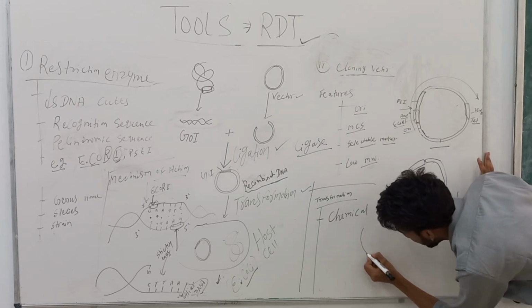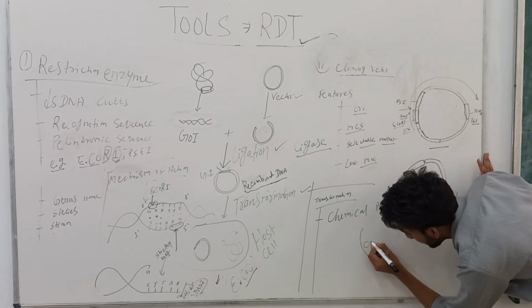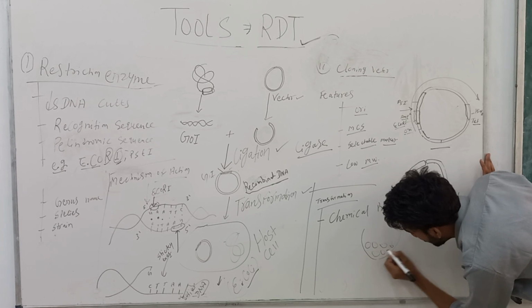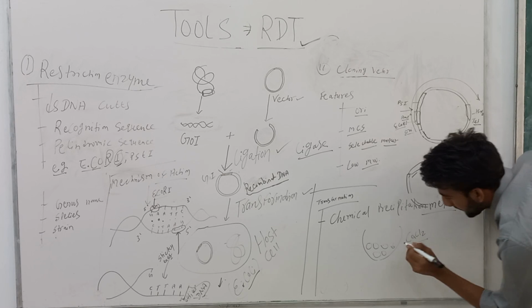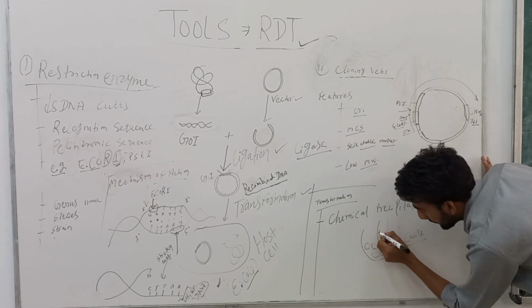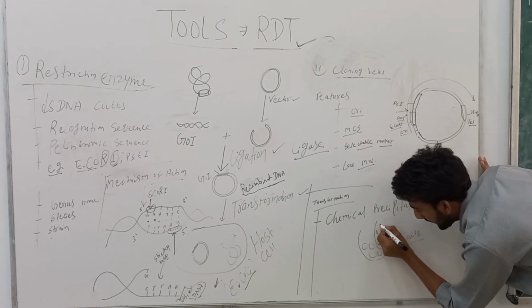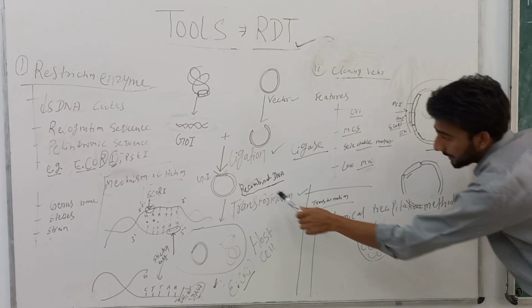In this method, we have an ice chilled salt solution of CaCl2, calcium chloride, and we have host cells and our recombinant DNA.